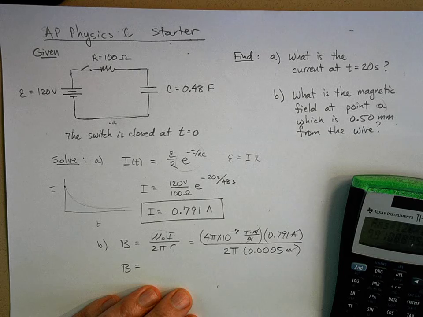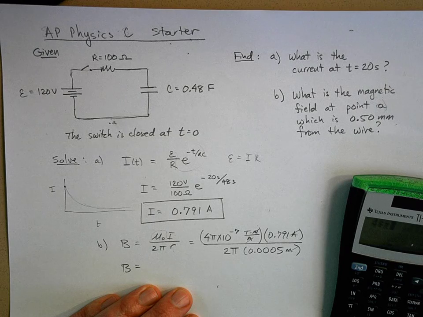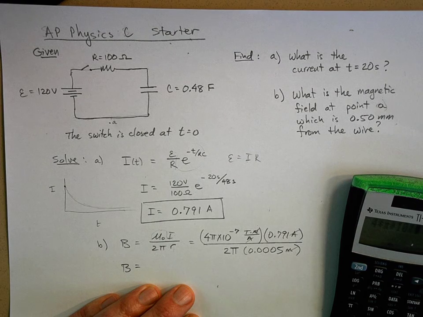Okay, so 4 times pi times 10 to the negative 7 times 0.791, divided by 2, divided by pi, divided by 0.0005.